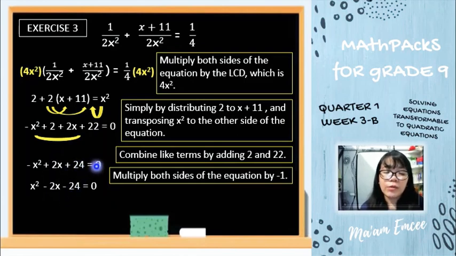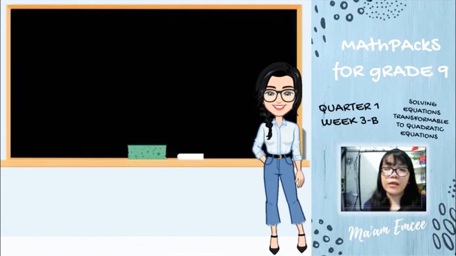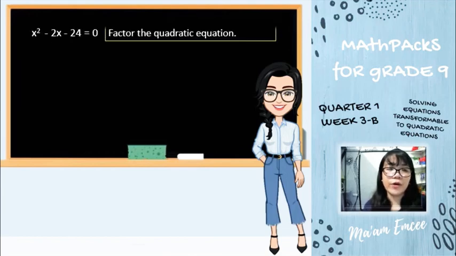And that will be equal to 0, because 0 times negative 1 is still equal to 0. So our new equation here is x squared minus 2x minus 24 equals 0. Now, since we have x squared minus 2x minus 24 equals 0, we are now ready to factor the quadratic equation.